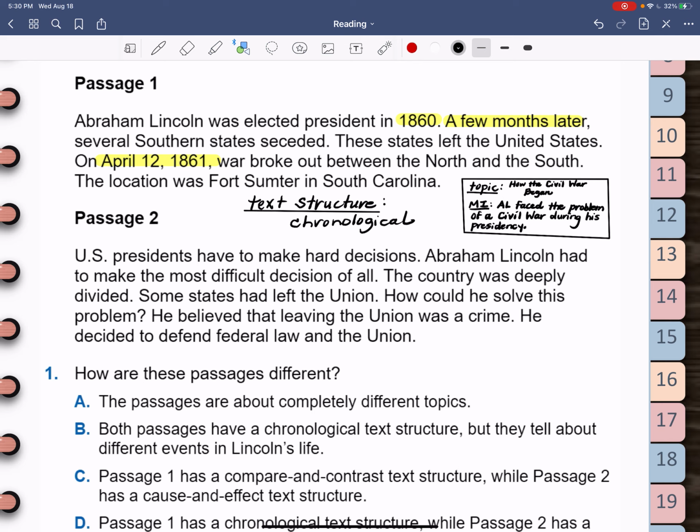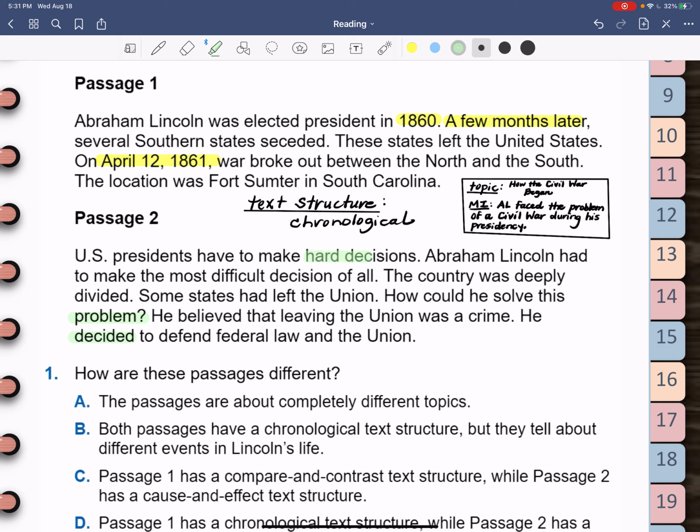He believed that leaving the Union was a crime. He decided to defend federal law and the Union. So this one has no dates at all. It's not chronological. The focus here is a problem and what he decided to do about that problem.